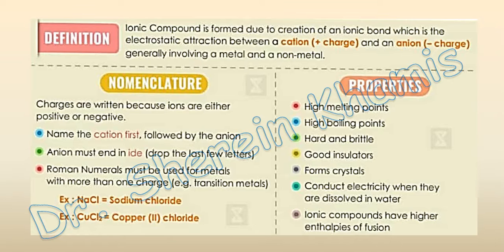They are also excellent conductors of electricity when dissolved in water. Ionic compounds have high enthalpies of fusion as they release energy due to formation of bonds. Okay, this is the last of our lesson today.